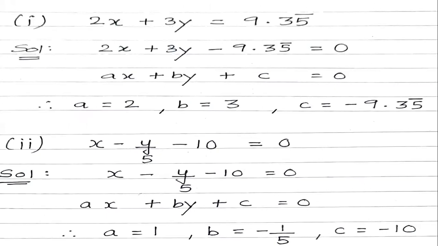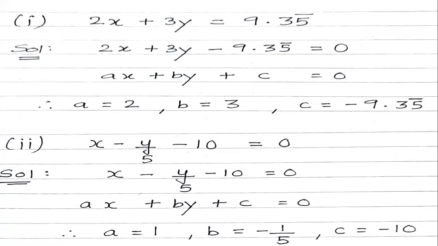The first one. The question is 2x plus 3y is equal to 9.35 bar. Now, to represent this equation in the standard form, I'll have to bring everything on the LHS, so the RHS would be left with 0.